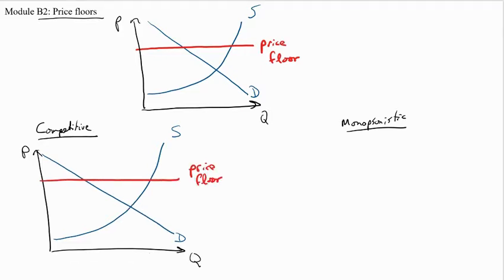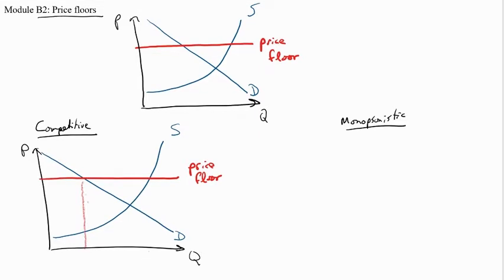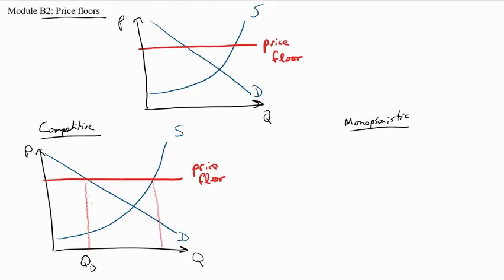Buyers wish to purchase an amount given where the price floor intersects with the demand curve, giving a quantity demanded, Q sub D, whereas the amount that producers wish to provide in the market is given by the intersection of the price floor and the supply curve, Q sub S.